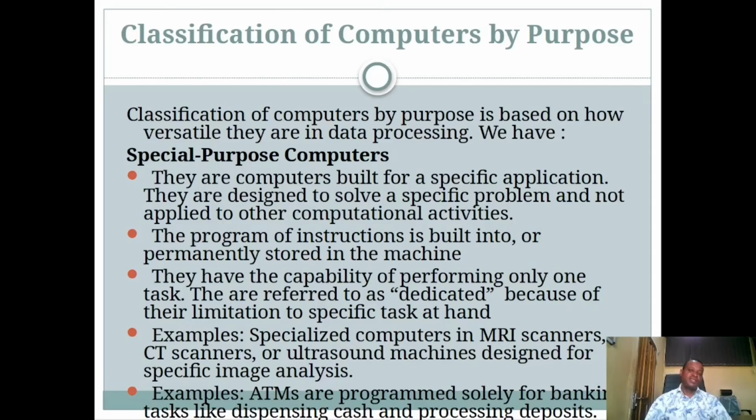They are designed to solve a specific problem and not applied to any other computational activities. So these computer systems are built to handle a specific job, a specific task. They are task specific computer systems.